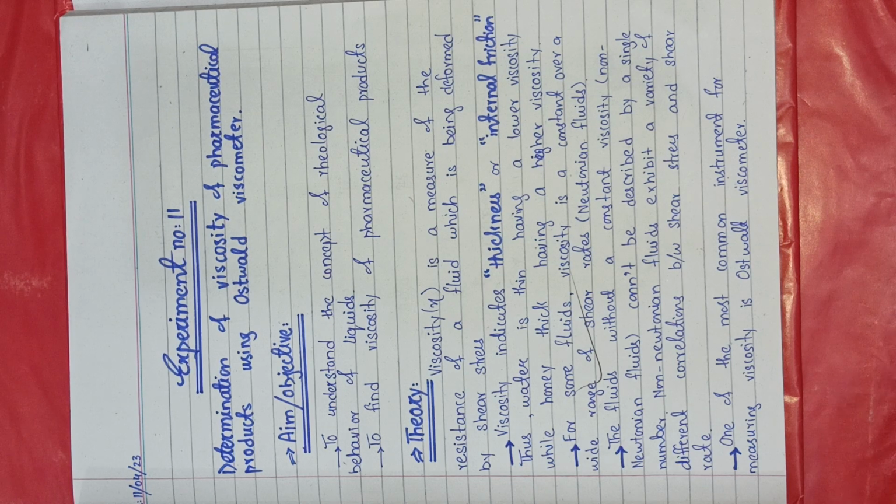It indicates how thick the fluid is. For example, honey is a very viscous substance, and it is not going to flow as easily as water. Water can easily flow. A small amount of force can allow water to flow out, but when the same force is exerted on honey, it is not going to move at the speed of water because it is thick.